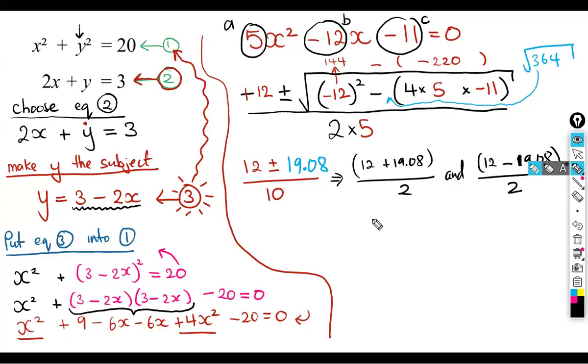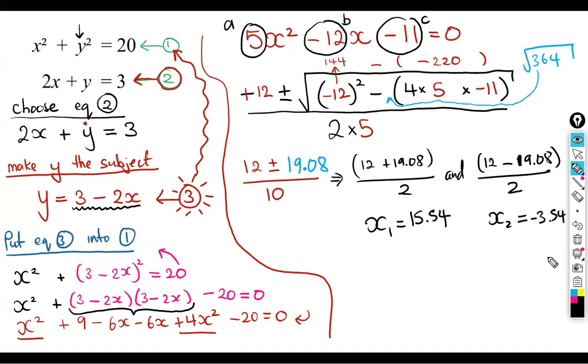The two values for x, x1 and x2. You're going to get 15.54, and then 12 minus 19.08 divided by 2 is minus 3.54. Those are the two values.